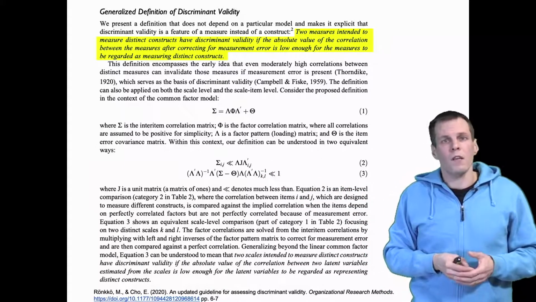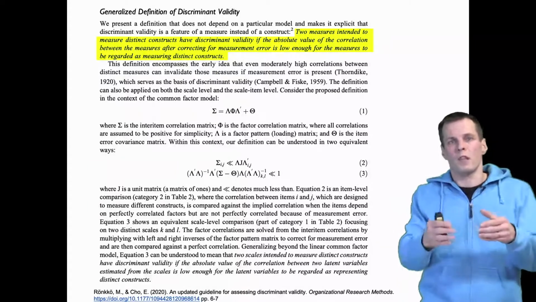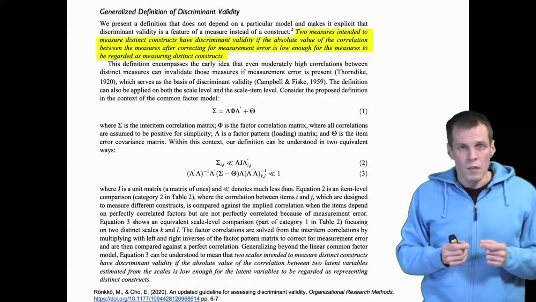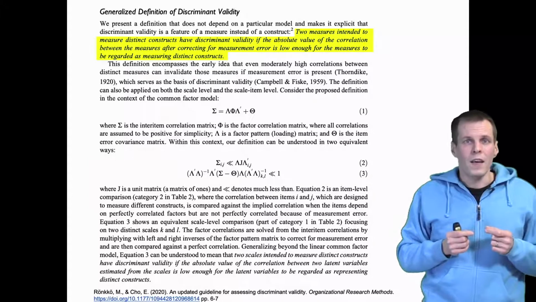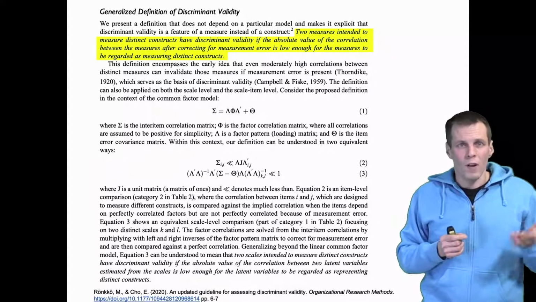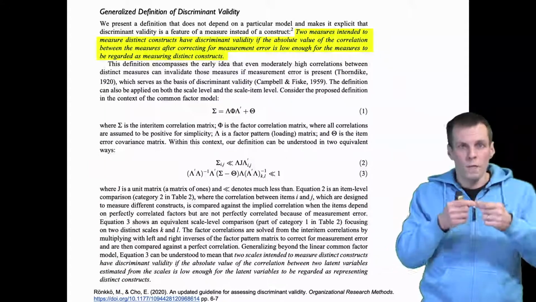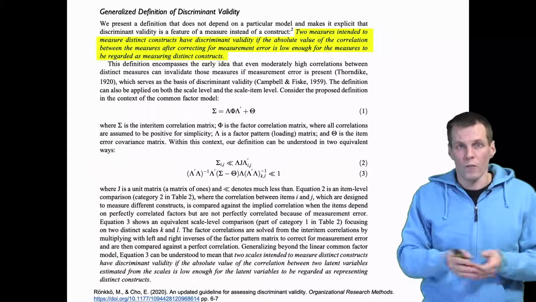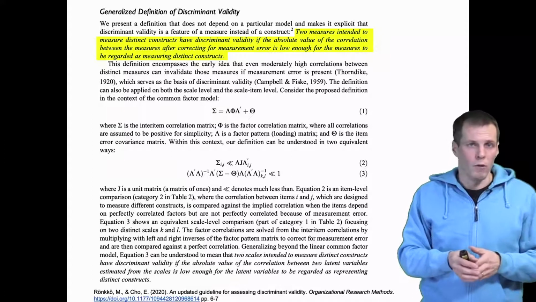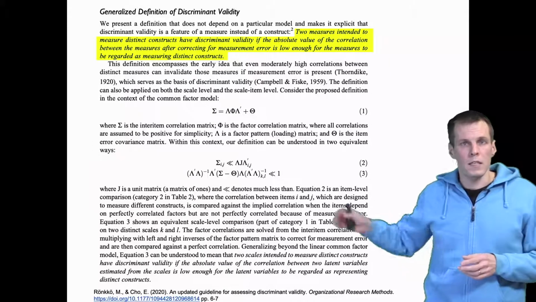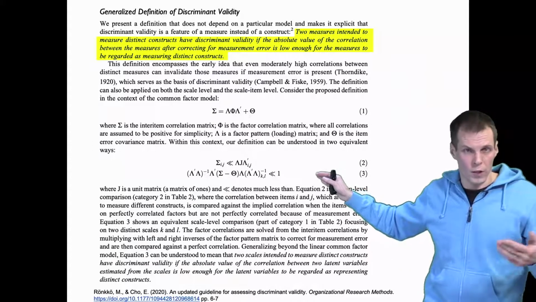So if the correlation between two items that are supposed to measure the same thing is going to be 0.5, then because of measurement error or unreliability, any correlation between items that are supposed to measure two different things should be well below 0.5, 0.4, 0.35, something like that. So this is the item-level definition in the context of the factor model.